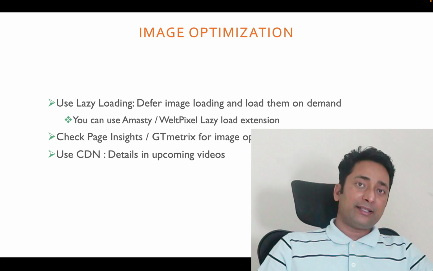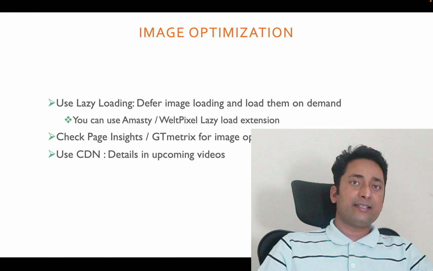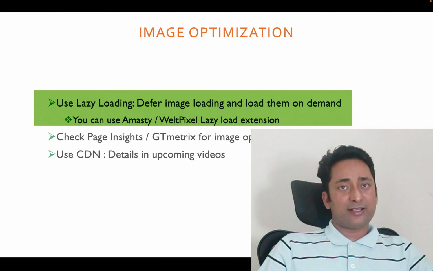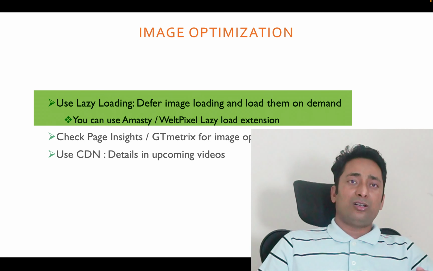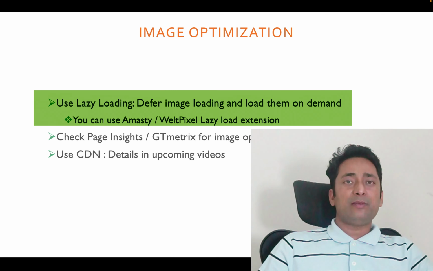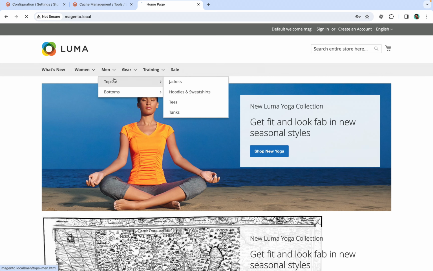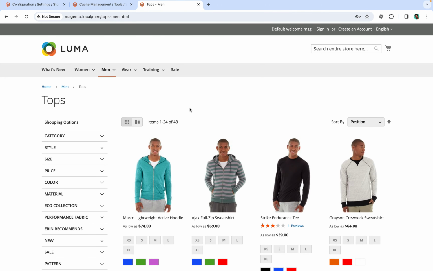The next important thing that we can do with regard to images is using the lazy load feature. Lazy load is basically a way to only load the required images in the first go. Let's say we have a category page where 24 products are loaded in the first go.